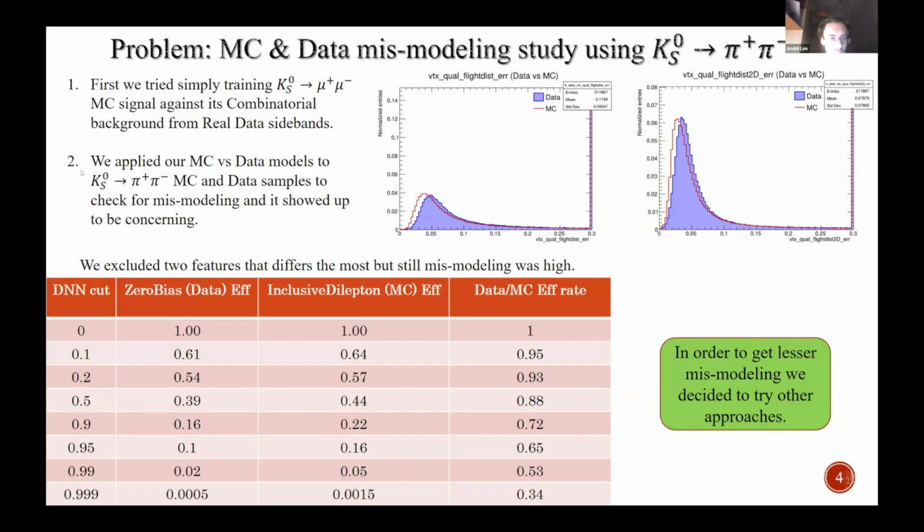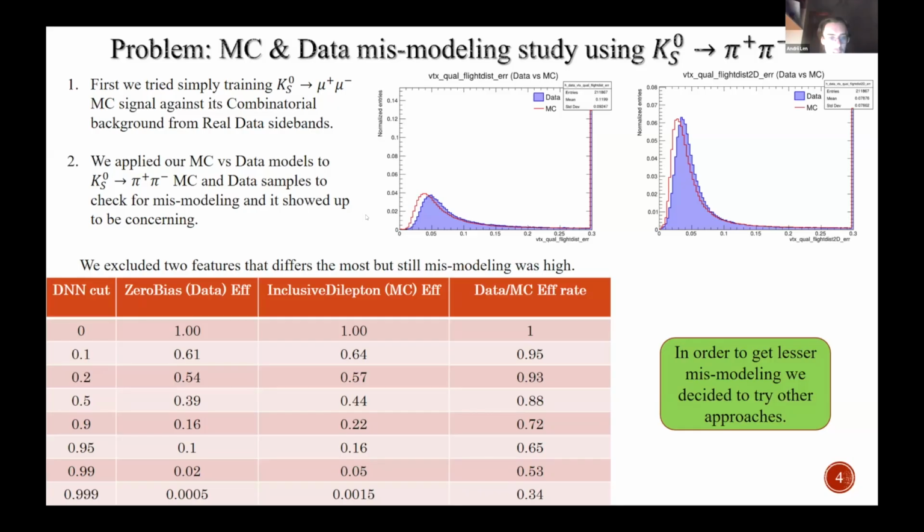So in order to answer the question of this potential mismodeling, we applied our Monte Carlo versus data model to K-short to pi pi Monte Carlo and data samples. We will further call these K-short to pi pi samples control samples. We checked these samples for mismodeling, and it showed up to be concerning.